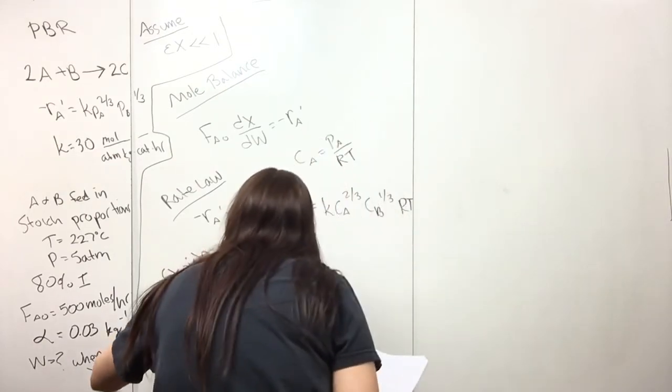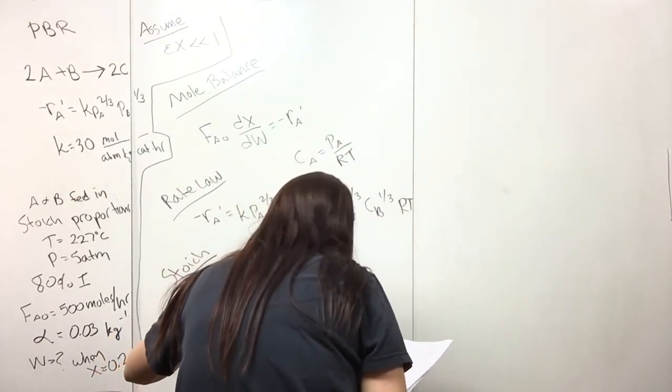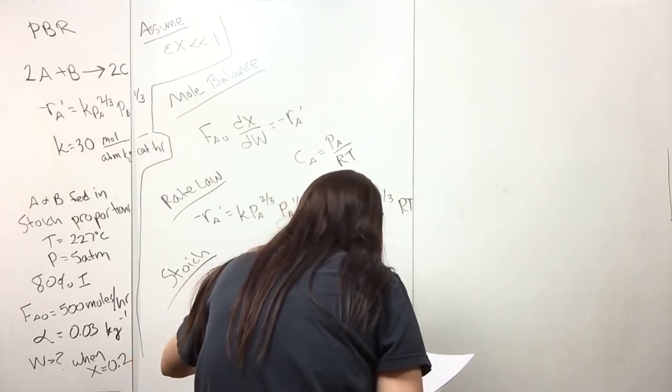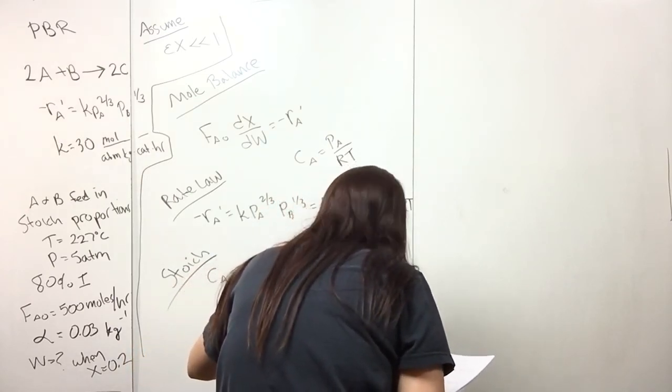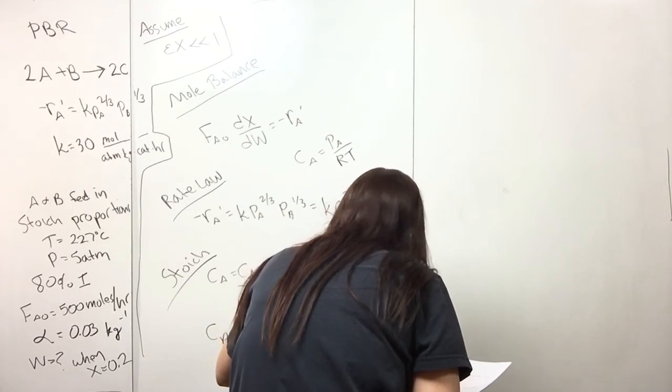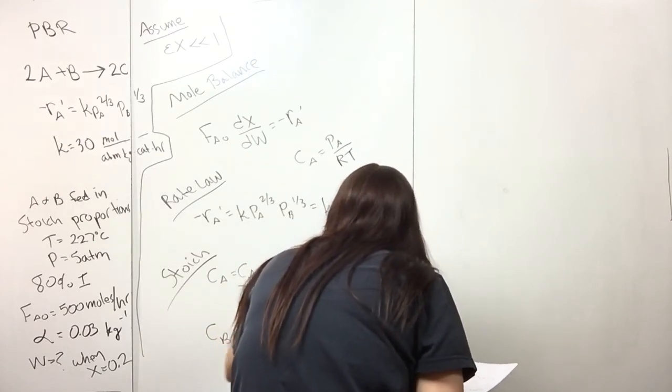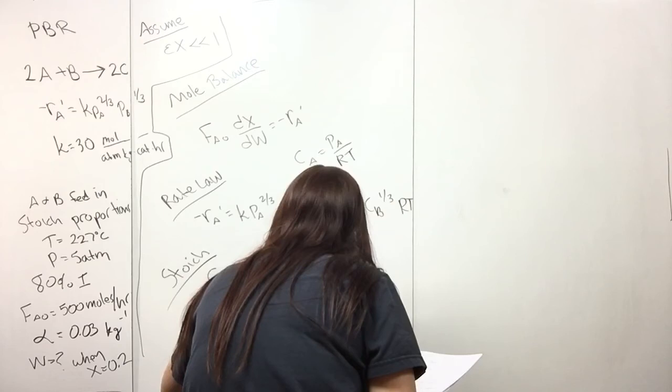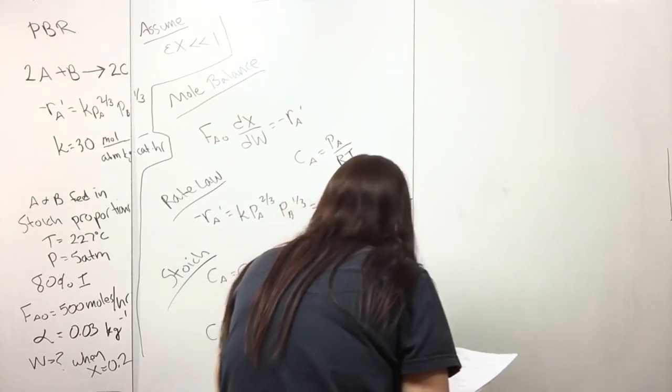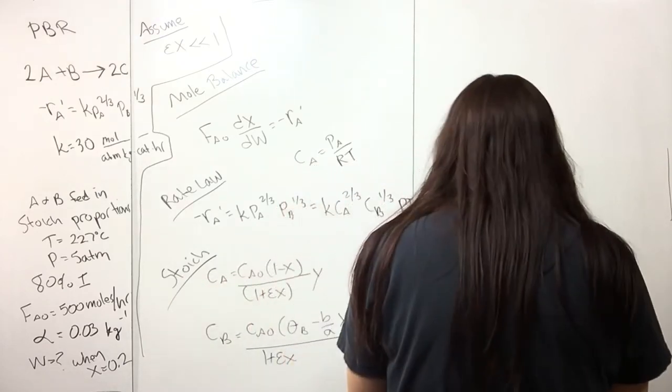And we have CB is equal to CA naught theta B minus B over A x over 1 plus epsilon x y.